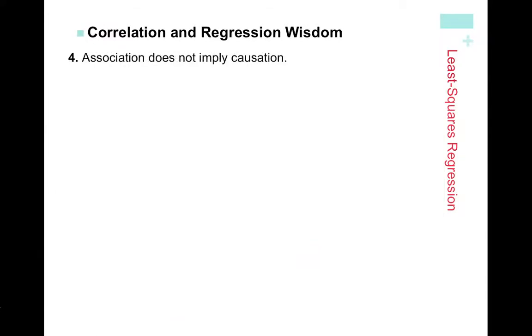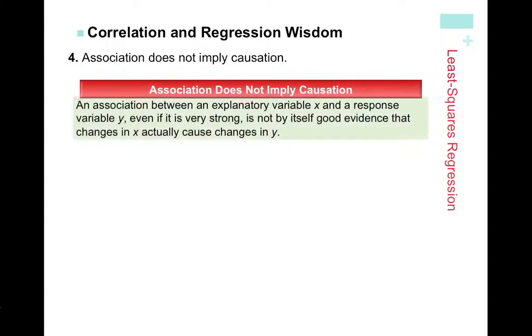And finally, association does not imply causation. Even if we have an explanatory variable and a response variable that are very strongly associated, very strongly correlated, there's strong correlation, we have a very good line of regression, that doesn't mean by itself that changes in X actually cause changes in Y. It could be due to any number of other confounding variables.